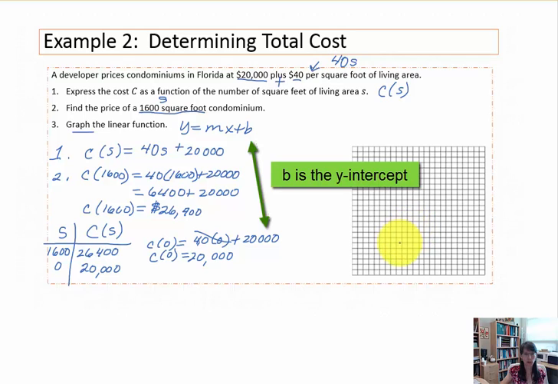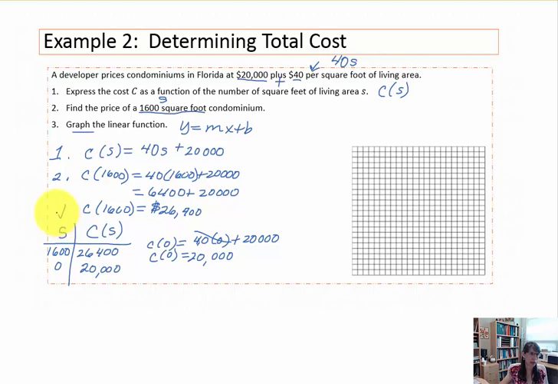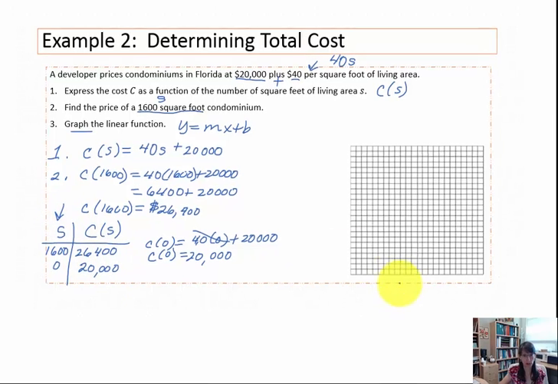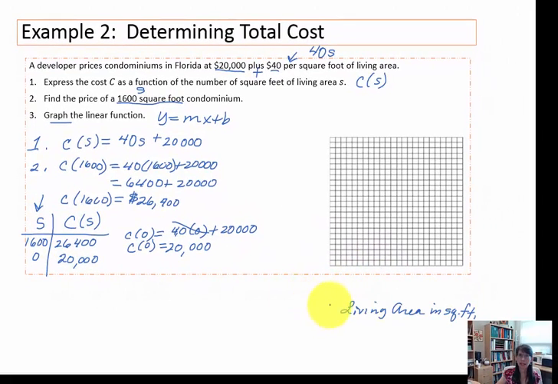Now when we go over to the graph, we're going to have input values S. That's square footage of living area. Could that ever be a negative number? No. So we only want 0 and positive numbers for our living area. If it's 0, that means you have no condominium yet.